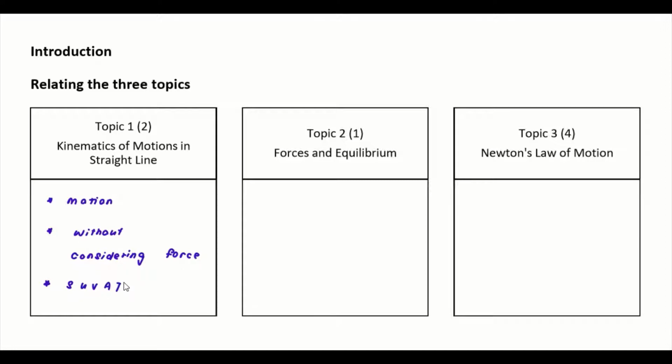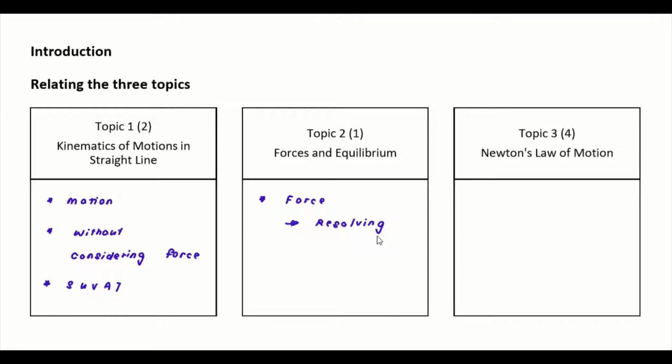Then when we moved on to the second topic, we talked about forces. We learned how to resolve a force into two different components, either vertical or horizontal, or, if you are solving a question on a plane, along the plane or perpendicular to the plane.